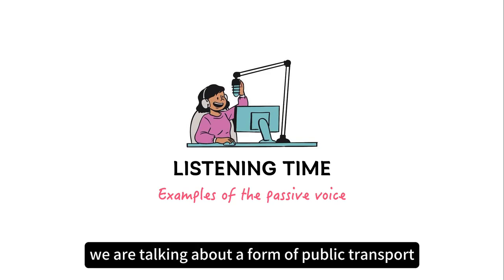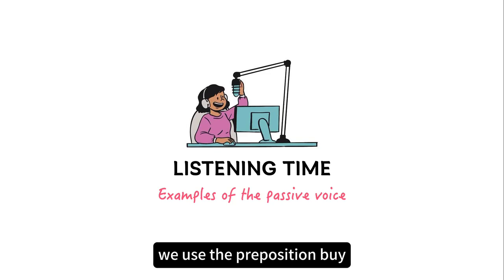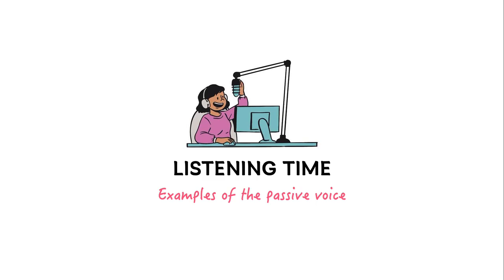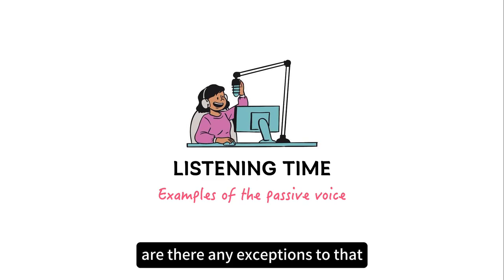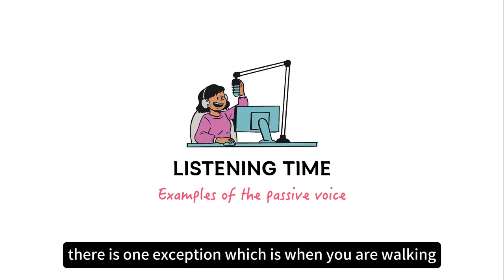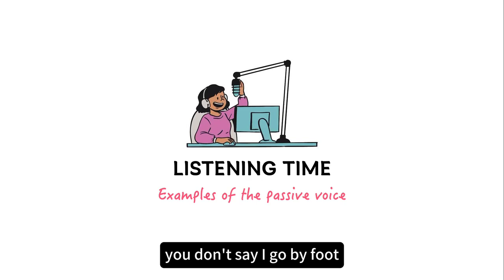But here we're talking about a form of public transport. When you talk about transport, we use the preposition by. I go by car, by boat, by plane. Are there any exceptions to that? Good question. There is one exception, which is when you are walking, you don't say I go by foot.